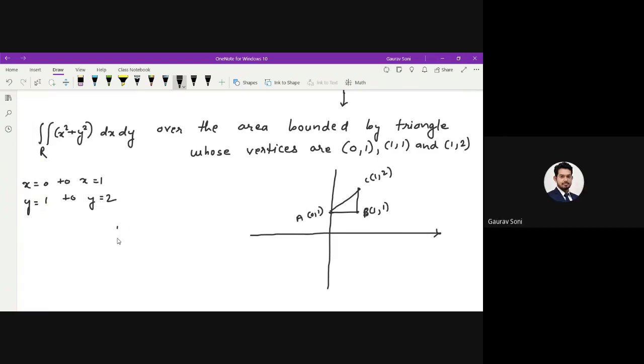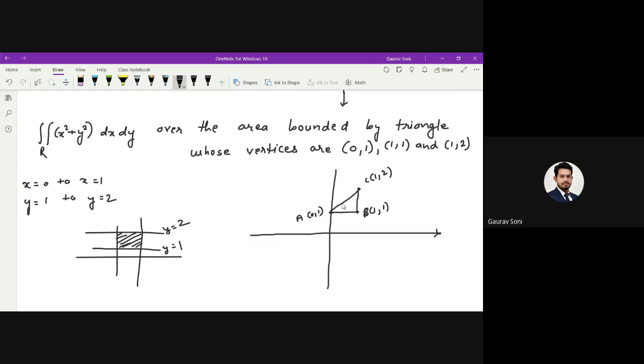If you draw the diagram, x equal to 0 to x equal to 1 gives this complete area between the two lines y equal to 1 and y equal to 2. What is the combination of these two? It is this rectangle. Sorry, that will be a square.